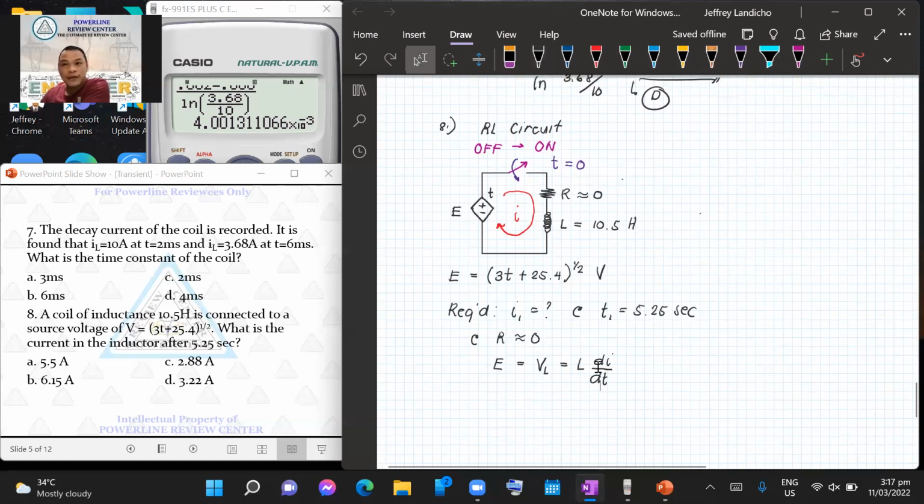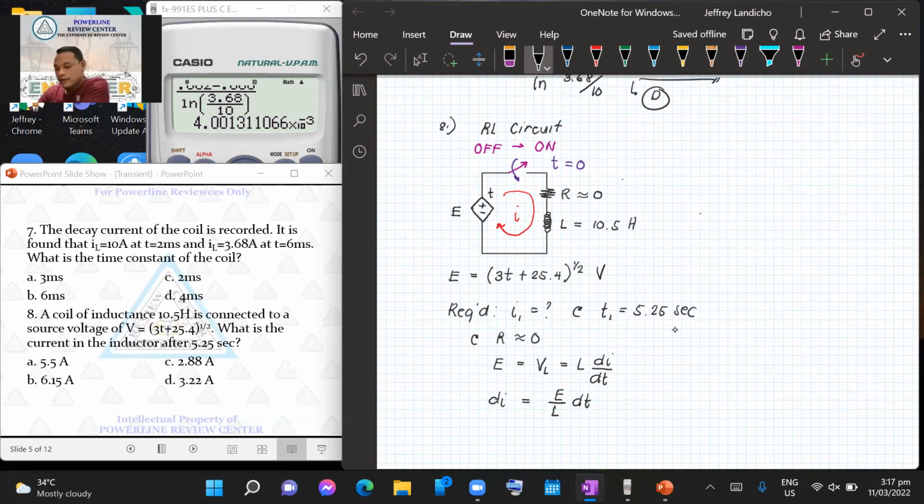So meron ulit tayong differential equation. Using separation of variables to solve for di, cross-multiply ko doon. So lalabas, the change in current should be equal to the voltage applied divided by L, times dt. Tama ba?